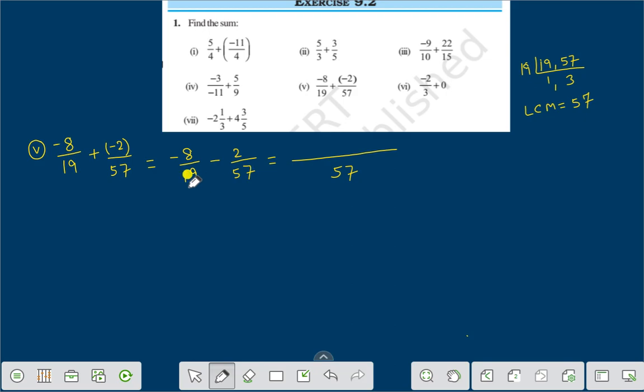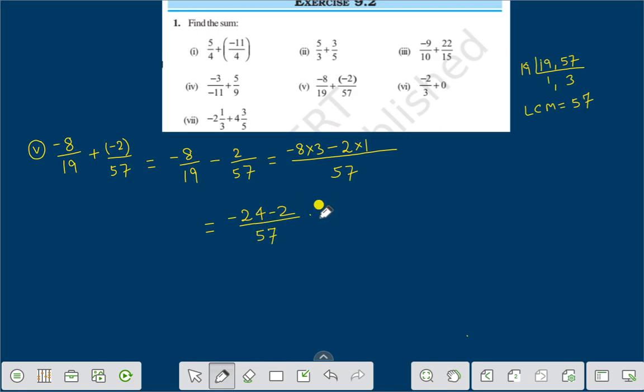If we divide 57 by 19, it will be 3, that is minus 8 into 3, which is minus 24. Minus, if we divide 57 by 57, it will be 1, minus 2 into 1, which is minus 2 by 57.